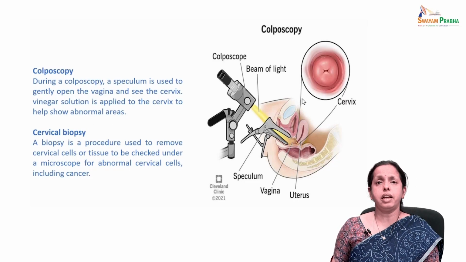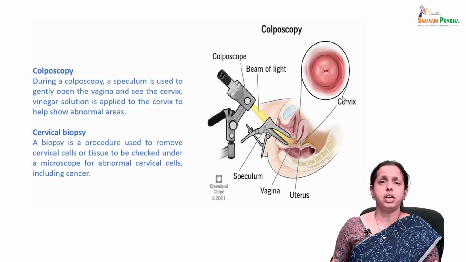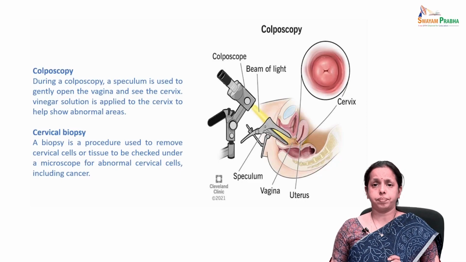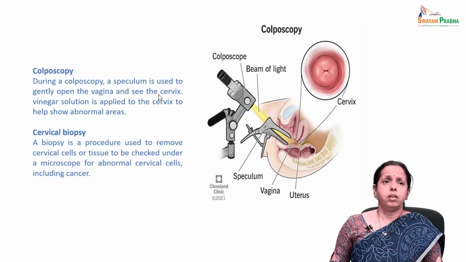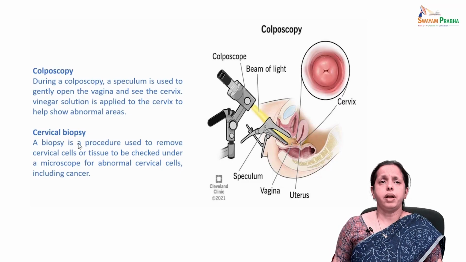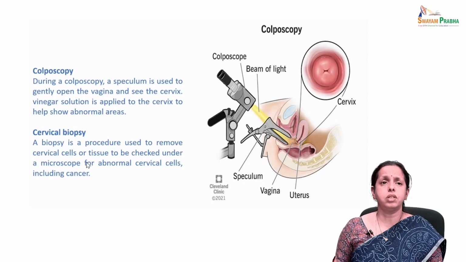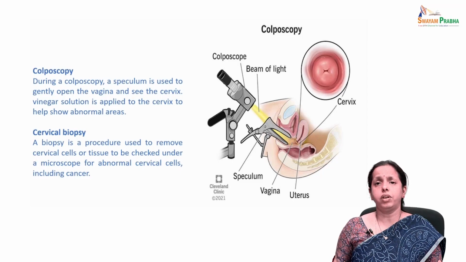If there is CIN 2 or anything, it usually turns white. This is about colposcopy. Then cervical biopsy is a small procedure used to remove cervical cells or tissue to be checked under the microscope for abnormal cervical cells, including cancer.